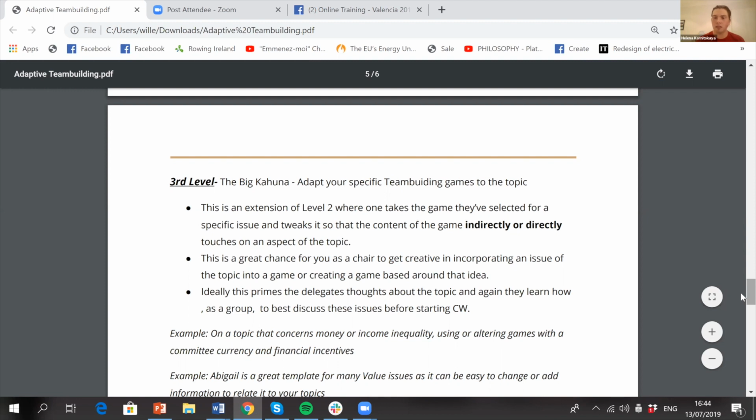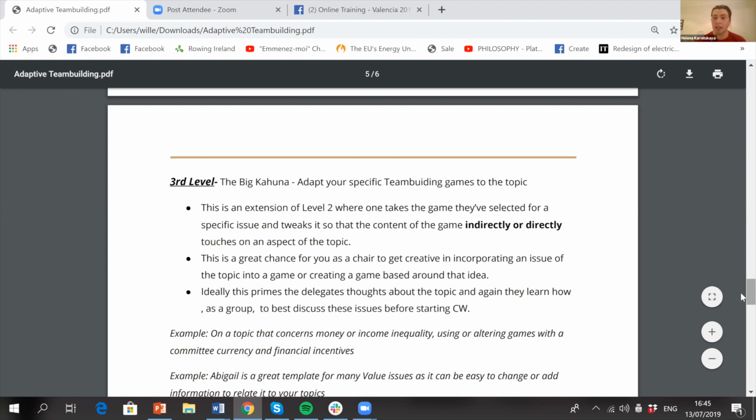So a good thing to do is to incorporate a committee currency in your group, which can give financial incentives and adds that money element into how people are acting, because they have not just the goal of finishing a task, but also that financial incentive. How people act with financial incentives, how they see them, and the discussion they have about that can be really helpful.